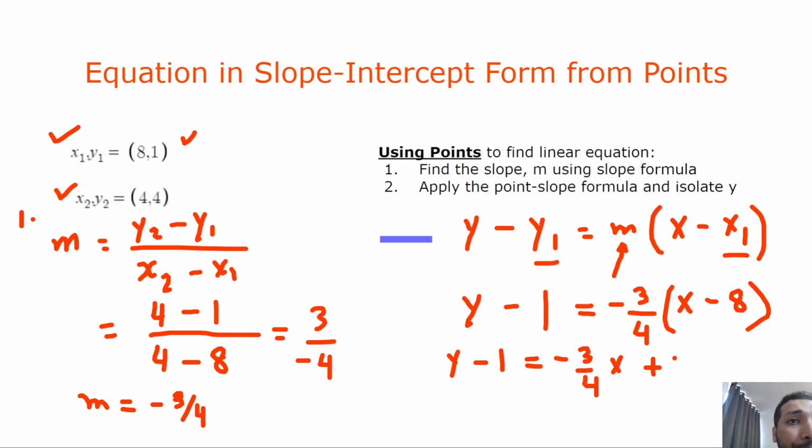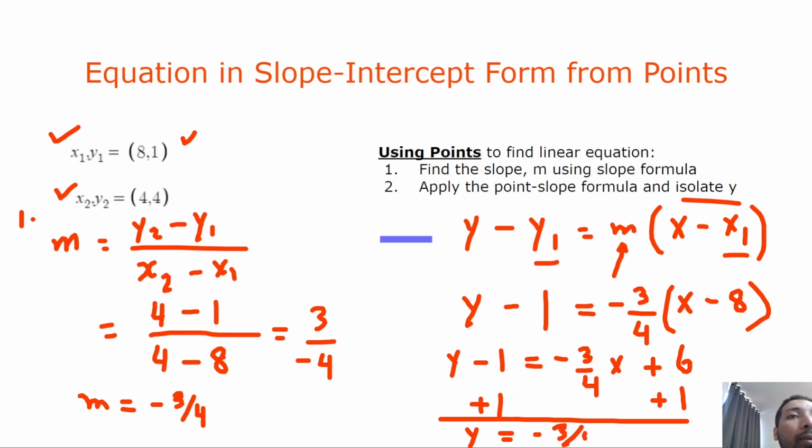So we get +6. Now to isolate the variable y, we simply add 1 on both sides. So we get y equals -3/4x plus 7. So this is the equation that we get for these 2 points.